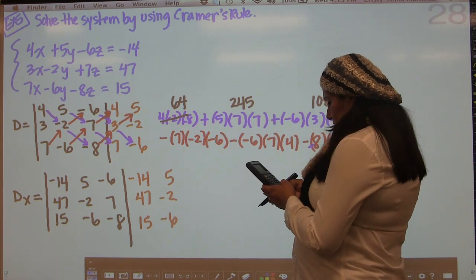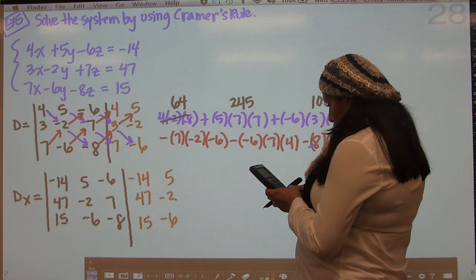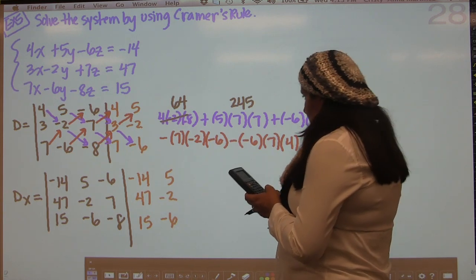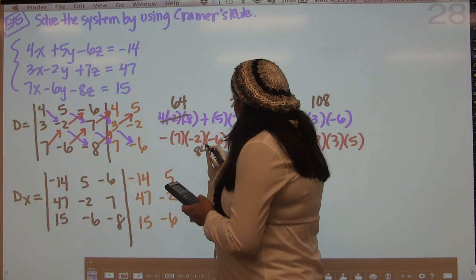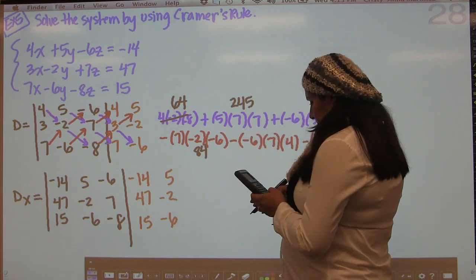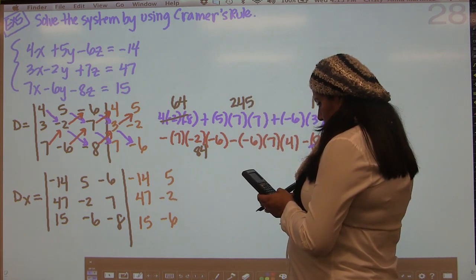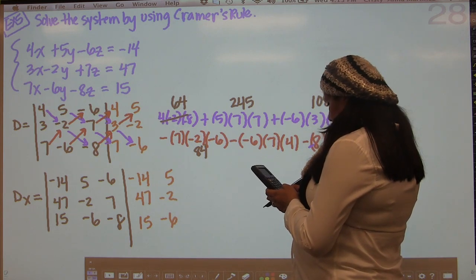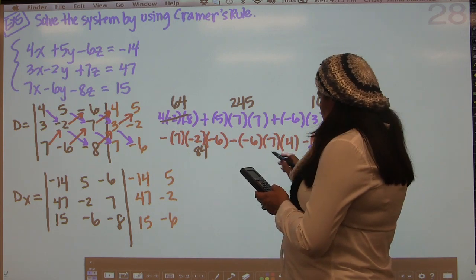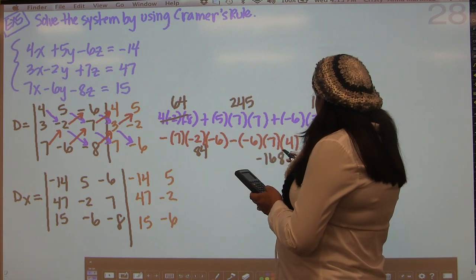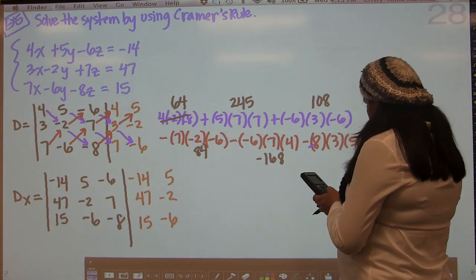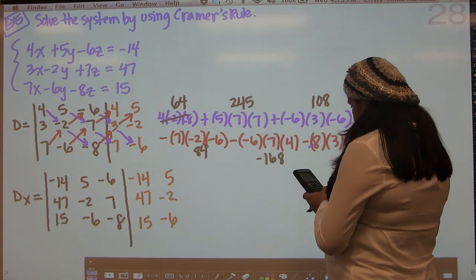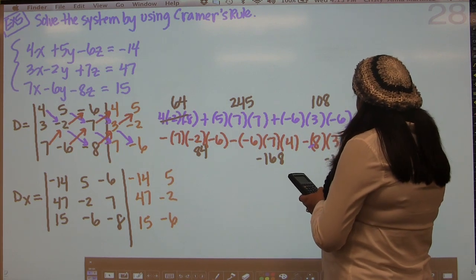So then we're going to do 7 times negative 2 times negative 6 is 84. All right, and then we're going to do negative 6 times 7 times 4 is negative 168. And negative 8 times 3 times 5 is negative 120.